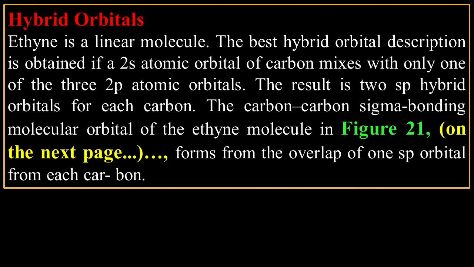The carbon-carbon sigma bonding molecular orbital of ethane molecules is in figure 21 on the next page. It forms from the overlap of one sp orbital from each carbon.